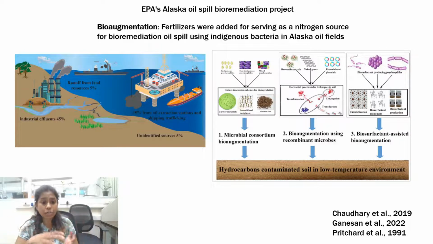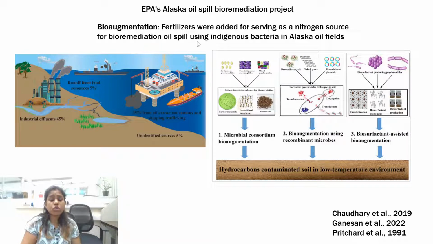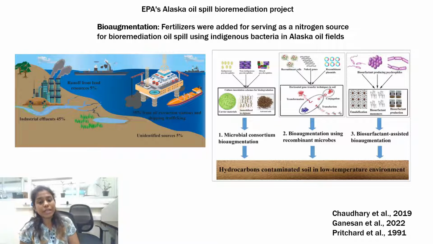Places such as Alaska are usually frozen and very cold. So selecting a microorganism that can process contaminants at that temperature is very important, and they selected a microorganism which can break down the oil products in that region. Here as well they used an indigenous microorganism, but the augmentation was done by providing suitable nitrogen sources.